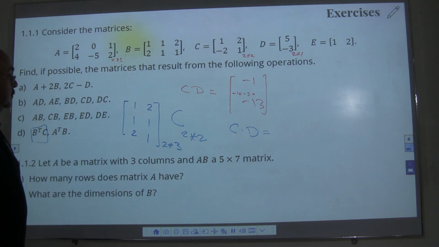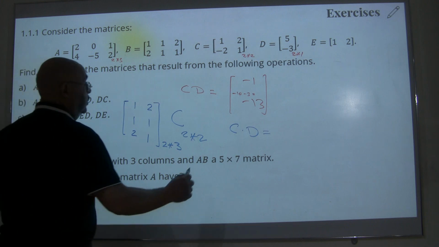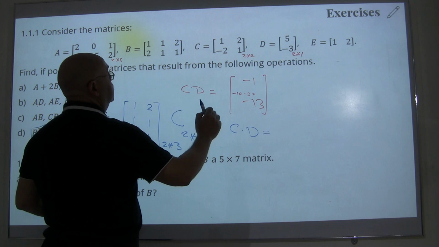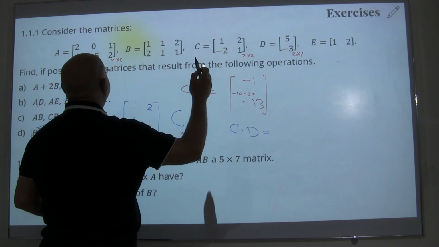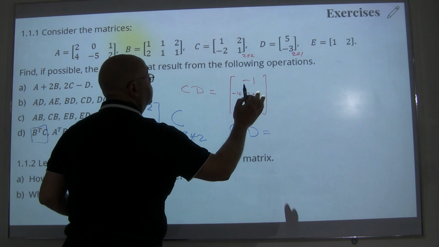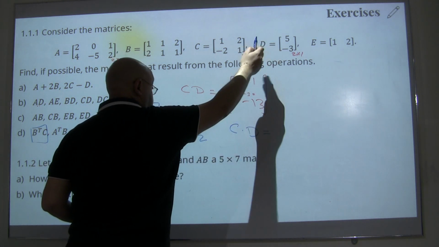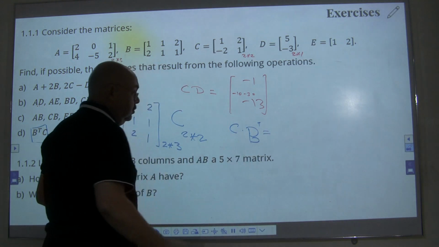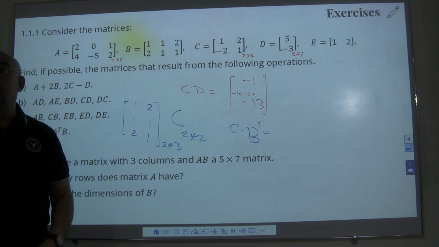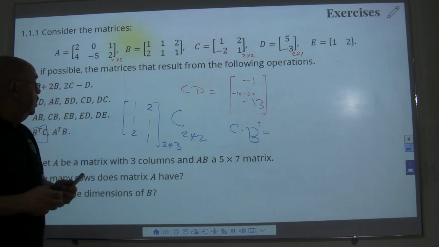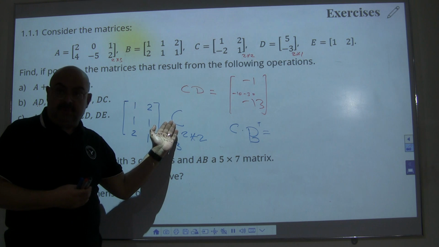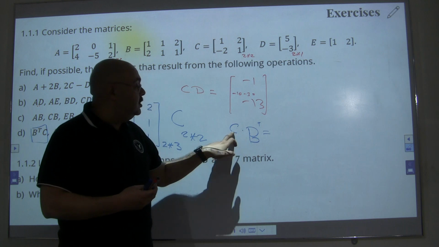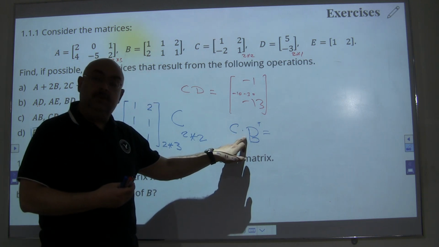Sorry, C is 2 by 2 times... What I meant is, B transpose times C is not possible, but C times B transpose is possible, because C is a 2 by 2 and the B transpose is 2 by 3.